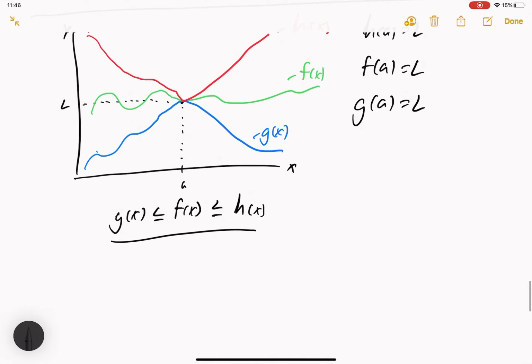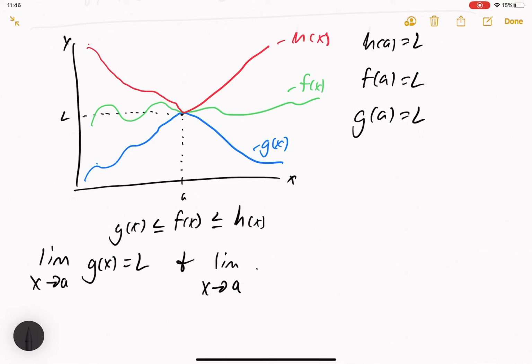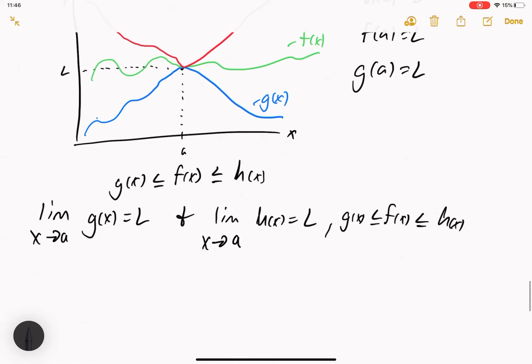All right. And again, to clarify what I'm talking about, we have the limit as x goes to A of g of x is equal to L, and we have the limit as x goes to A of h of x is equal to L. And since f of x is going to be between g of x and h of x, that kind of squeezes what the limit of f of x should be.